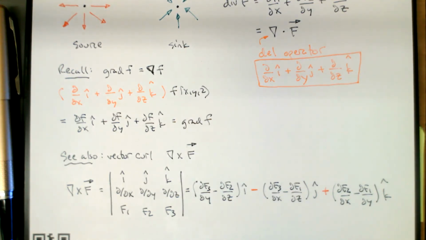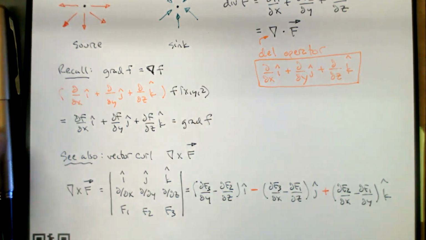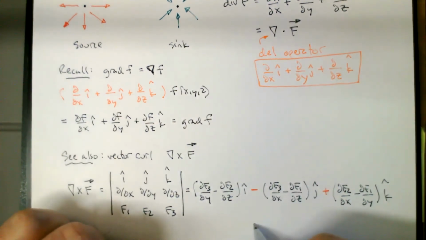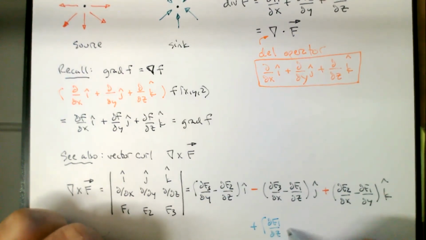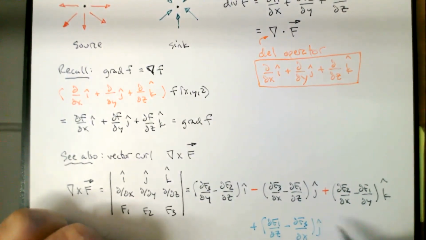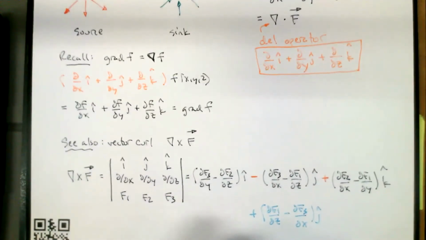But a lot of times you might see this middle term written with a positive, and then the terms reverse. So multiply by -1, and you might see plus partial of f1 with respect to z minus the partial of f3 with respect to x as the coefficient of j.